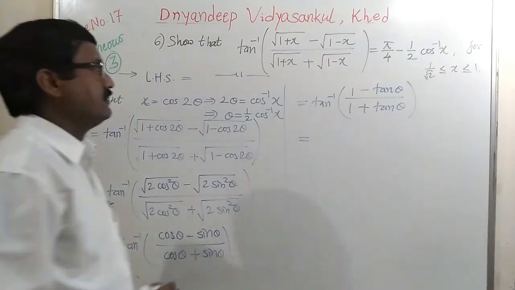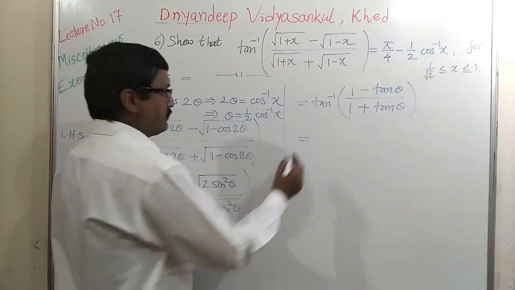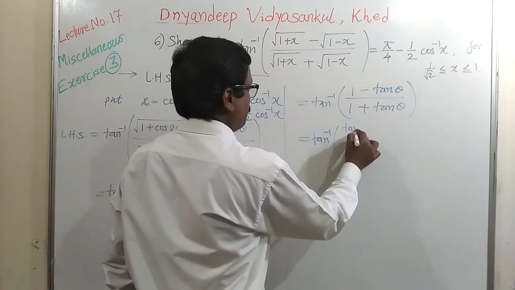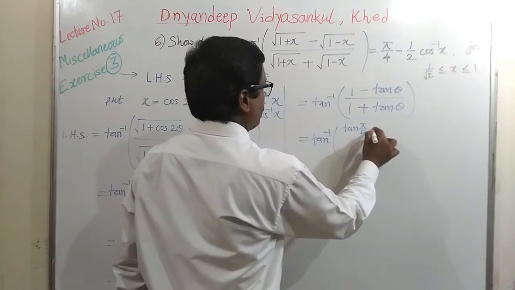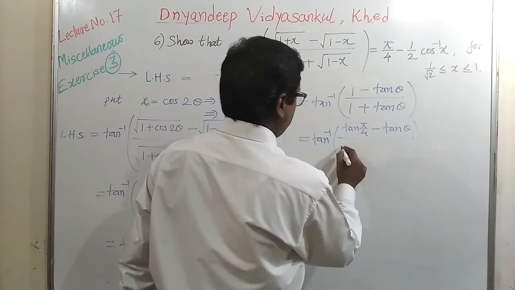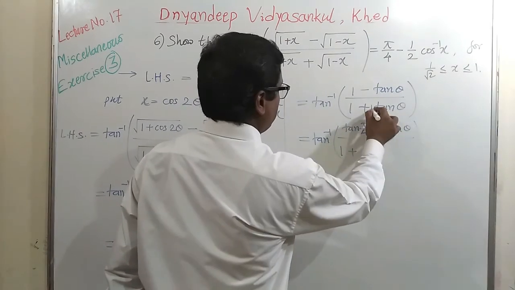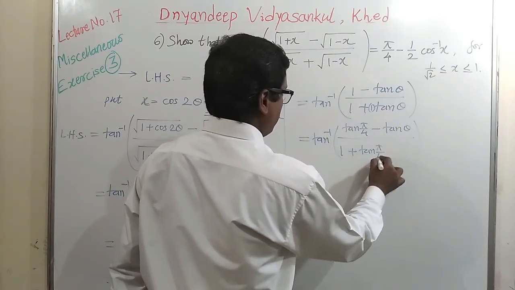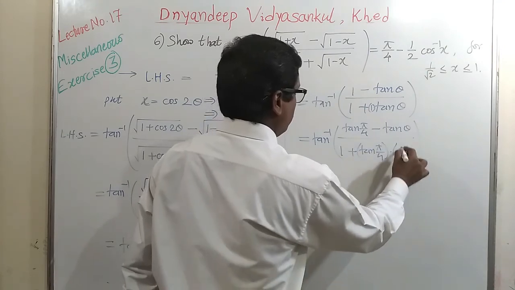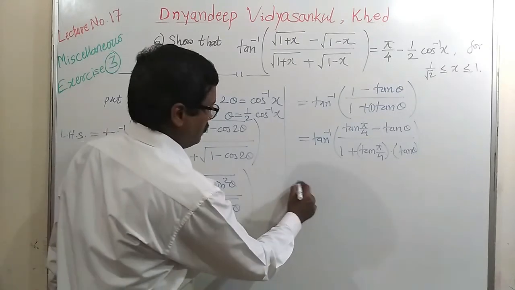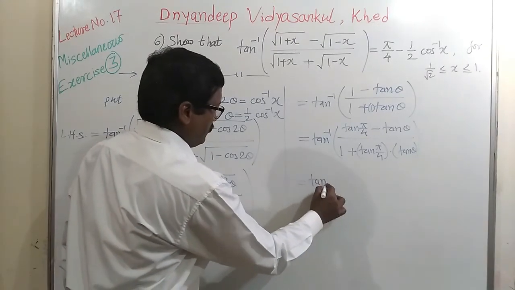Now 1 is nothing but tan pi by 4. So substituting that, tan pi by 4 minus tan theta, all divided by 1 plus, here 1 with this tan theta can be put as tan pi by 4 into tan theta.